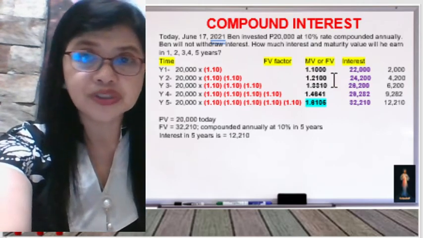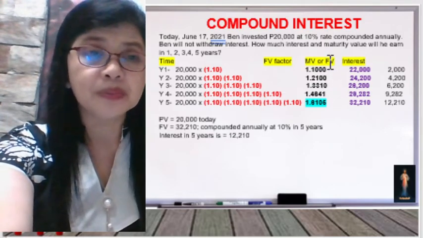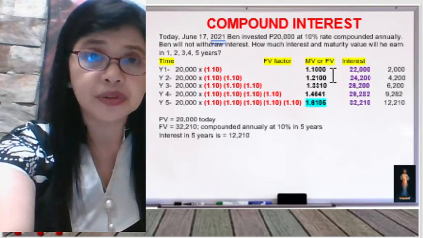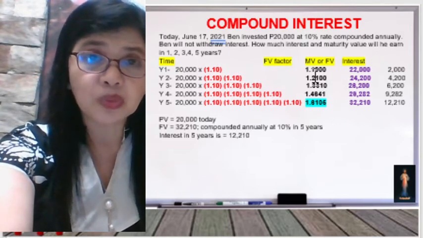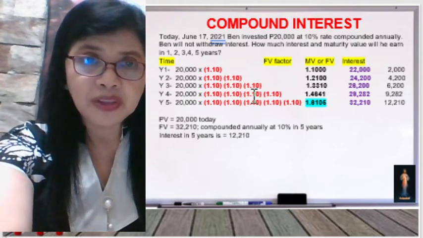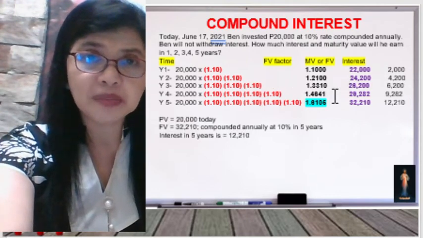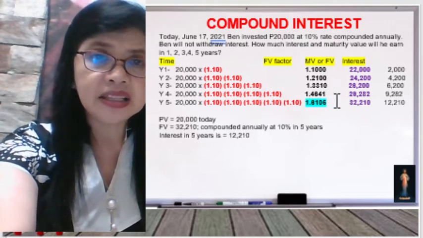I have shown here also the column for the maturity value or the future value. 1.10 times 1.10 is 1.210, and when you multiply it by itself three times, this is the answer. Then when you multiply it four times, 1.4641, and five times, 1.6105.